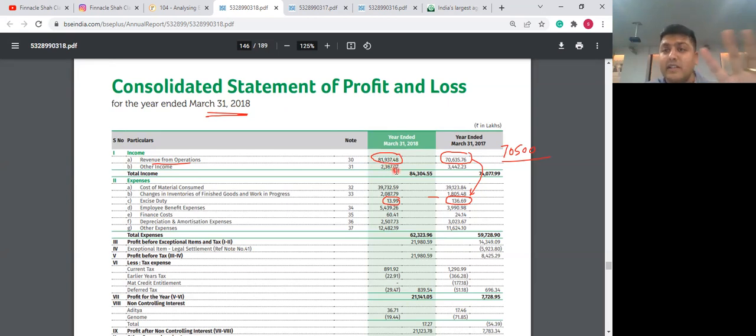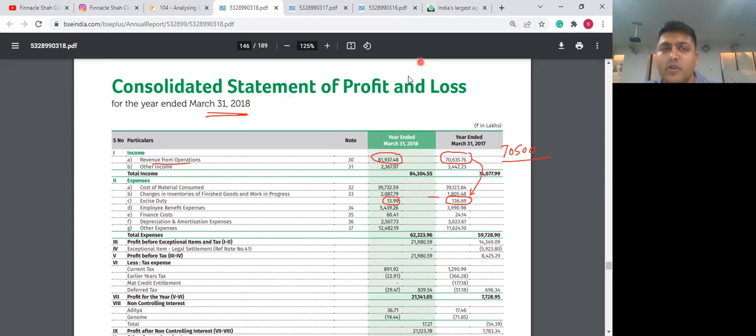Unless that difference seems to be huge, in which case an analyst should take a look at why the difference is so huge. In this case, the difference is not so material, so we can simply ignore that and take figures from 2019's annual report for 2018, just the way we are taking 2017 figures from the 2018 annual report.